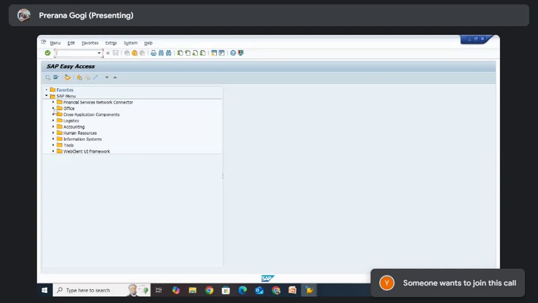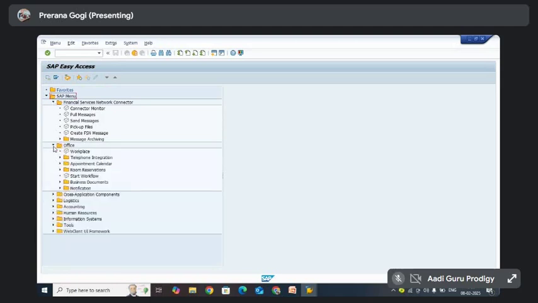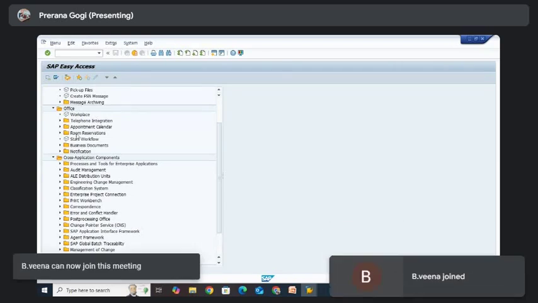You can see here the SAP menu. Now the question is, who has entered these things? It is the ABAP team.